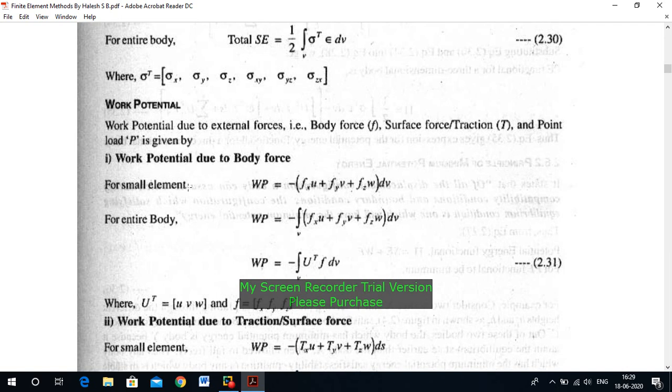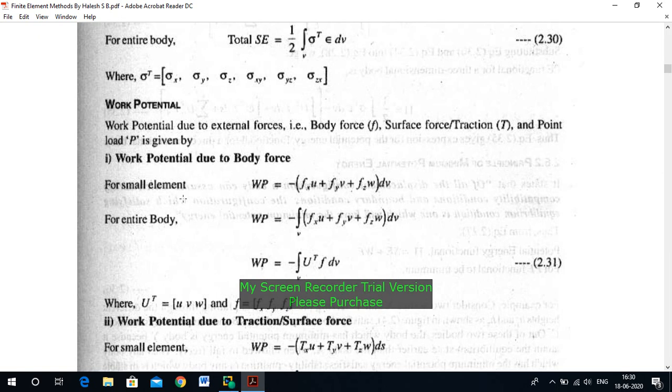The work potential due to body force, for a small element, is given by Fx into U plus Fy into V plus Fz into W into dV. The definition of work potential is force into displacement.